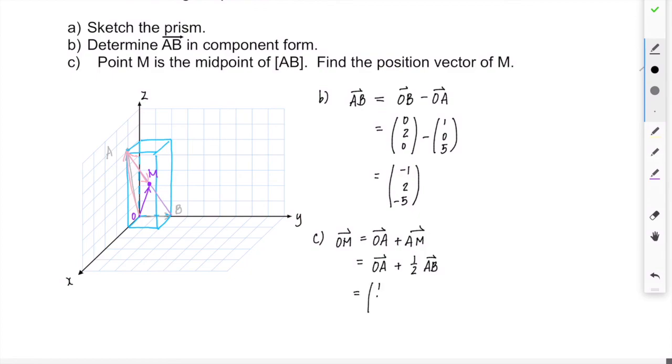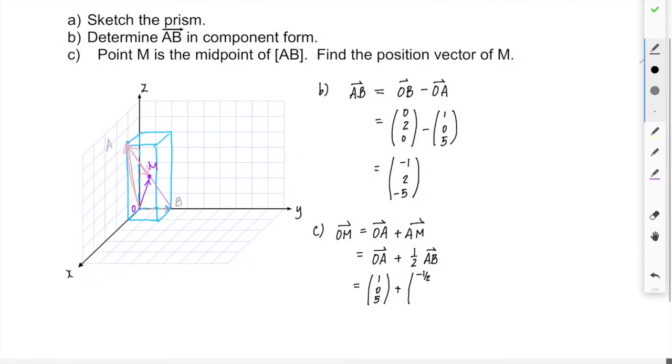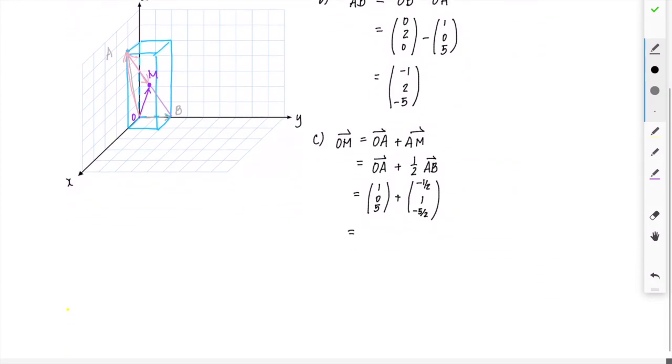So vector OA is 1, 0, 5 plus vector AB we found in part B, multiplied by a half: negative 1 half, 1, negative 5 over 2. Which works out to 1 over 2, 1, and 5 over 2. So this is the vector OM.